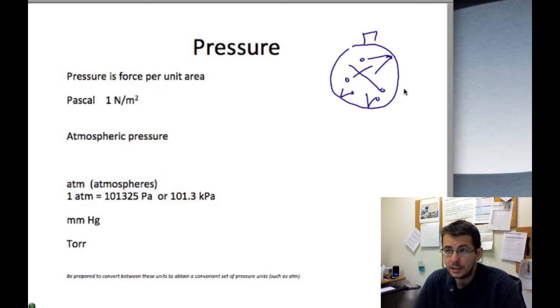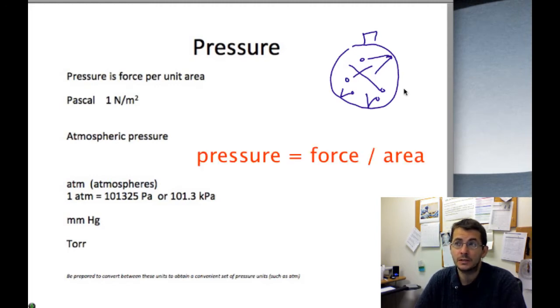Those gas molecules exert a noticeable force on the surface of the container. And we can relate this force to the area of the container, and we can develop this idea of pressure, which is force per unit area.